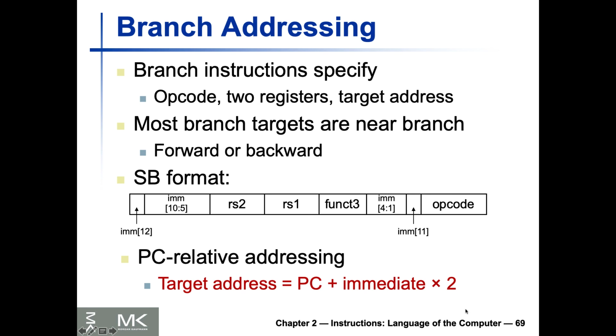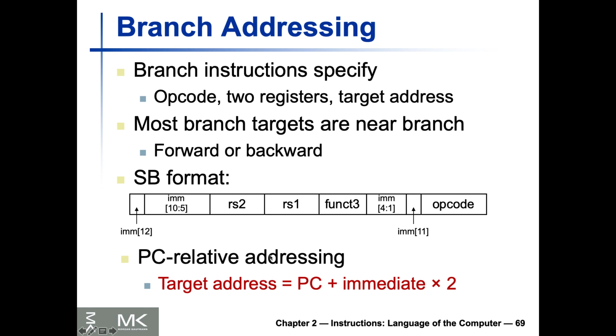So how are we going to address branches? We have something called branch addressing. Branch instructions specify an opcode, 2 registers, and a target address. You can find all of those in your green card sheet.